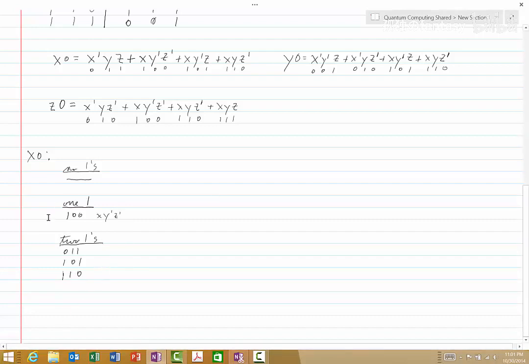Now let's go ahead and write down for each one of these the decimal equivalent. This is the number 4, 0, 1, 1 is the number 3, 1, 0, 1 is 5, and 1, 1, 0 is 6. And let's write down the variables for each one as well. 0, 1, 1, you can see is x prime, y, z. 1, 0, 1, right here is x, y prime, z.